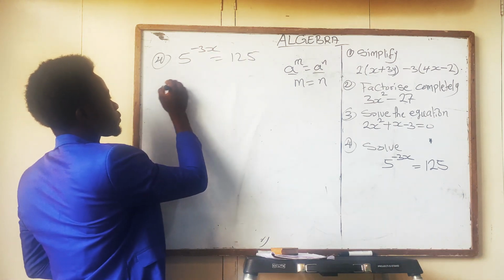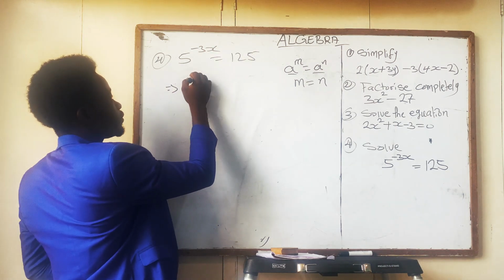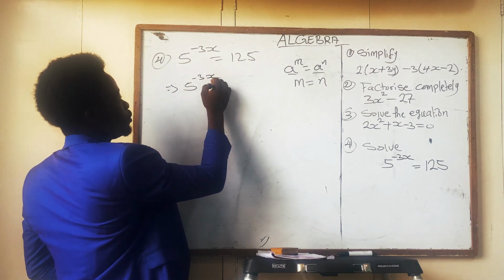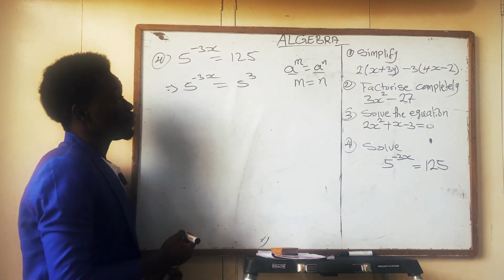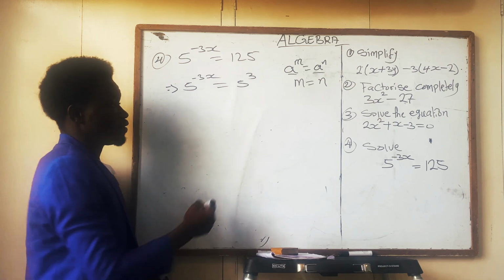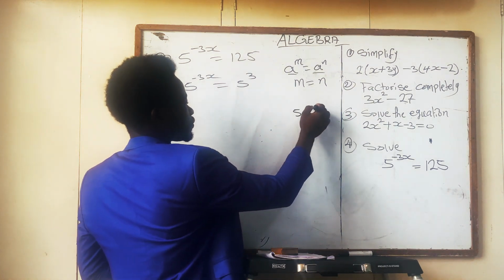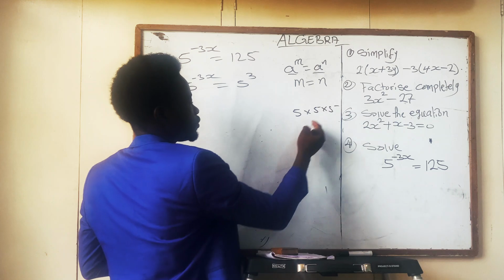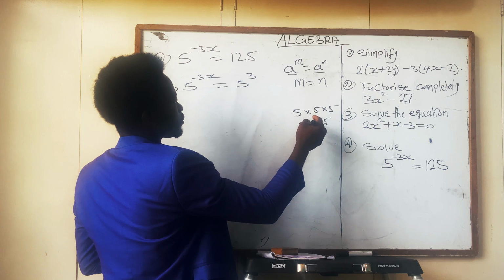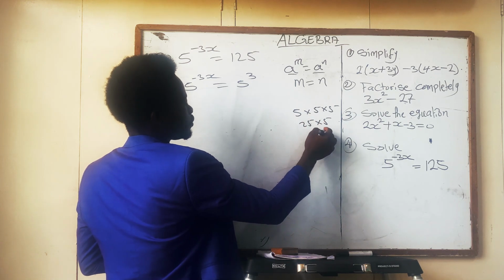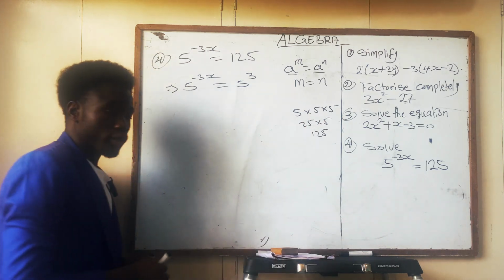So this implies that when I have 5 to be equal to 5 exponent 3, that will give me 125. So that is 5 times 5 times 5. 5 times 5 is 25, times 5 is going to be 125.